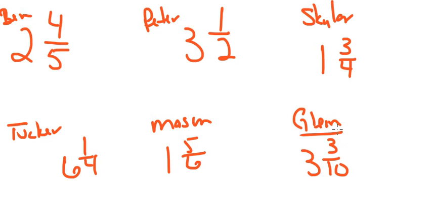What'd you get? 14/5 is correct for Ben. Peter, what'd you get? That's correct. Skylar, what'd you get? Correct. Tucker, you done yet? What'd you get? Oh, it's correct. And then Mason? Okay. Glenn, you done yet?